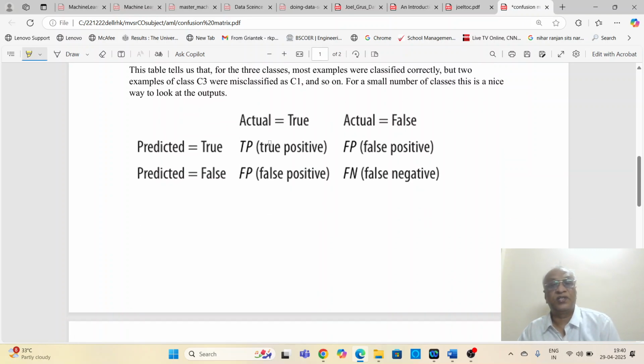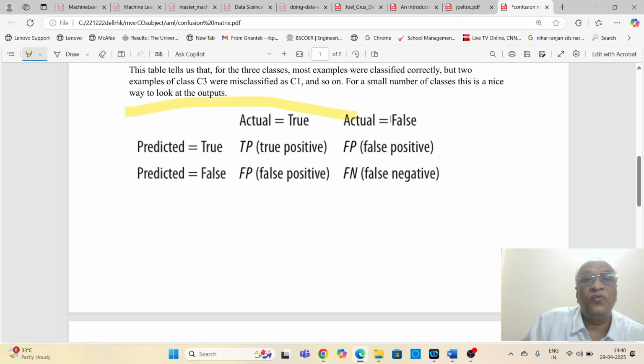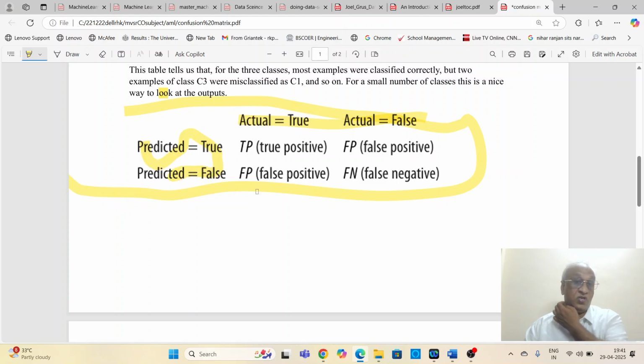You can represent your classification results, if it's a binary classification, yes, no, true, false kind of thing. Your confusion matrix plot will be like this. On the horizontal there will be actual equal to true, actual equal to false, and on the vertical predicted equal to true, predicted equal to false.